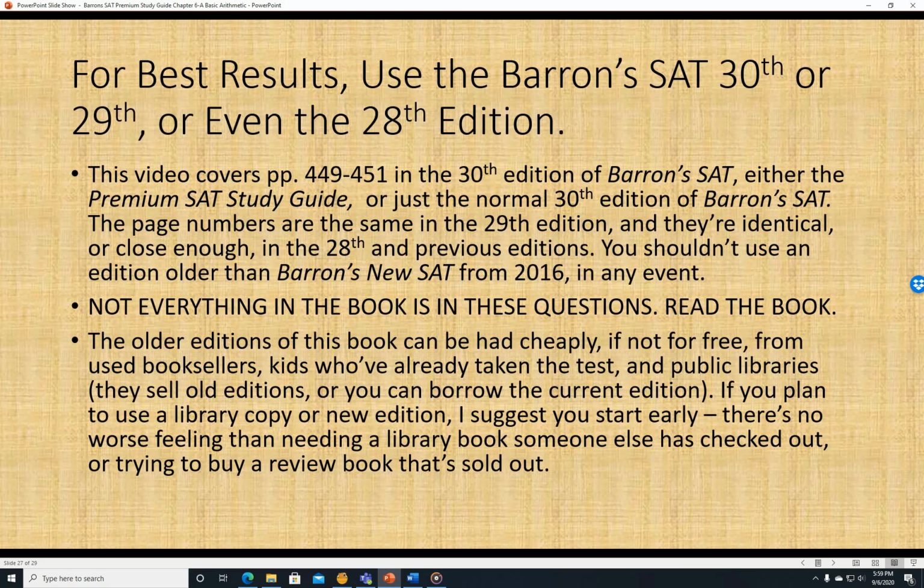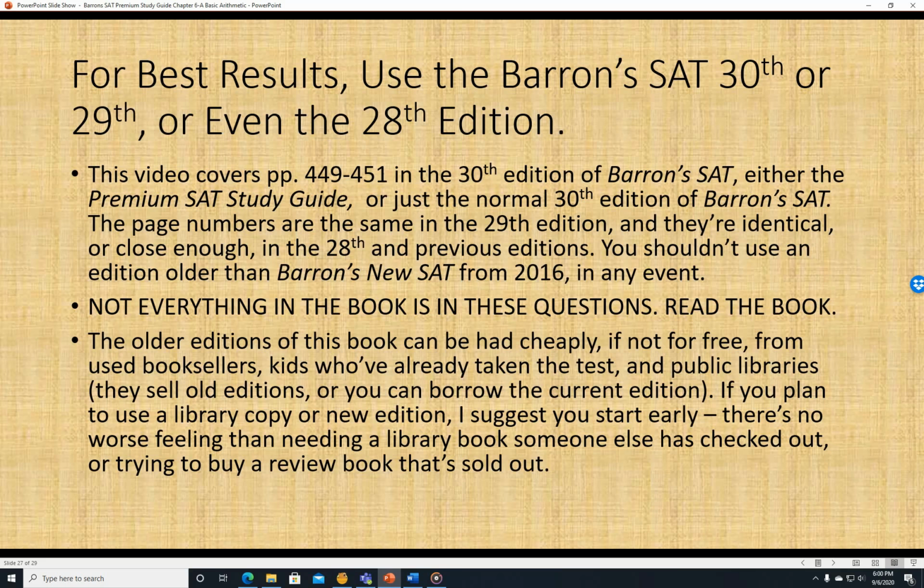Not everything in the book is in these questions. Please really do get a copy or an e-copy of this book. You can get older editions of the Barron's book cheaply, if not for free, from used booksellers, kids who've already taken the test, public libraries. A lot of times they sell these things literally for a dime. I have bought SAT books for a dime from Bay Area public libraries.